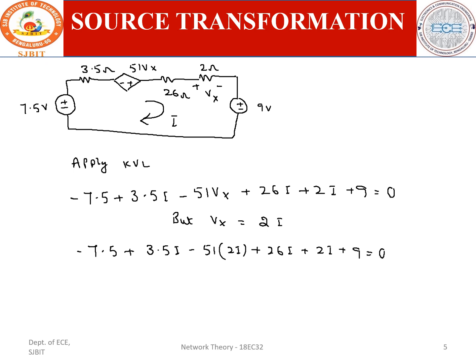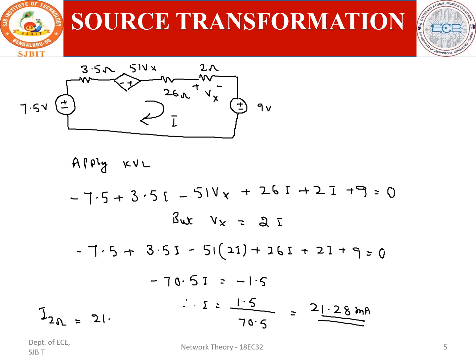This becomes minus 70.5 I is equal to minus 1.5. Therefore I is equal to 1.5 divided by 70.5, which gives 21.28 milliamps. Therefore the current flowing in the 2 ohm resistor is 21.28 milliamps.